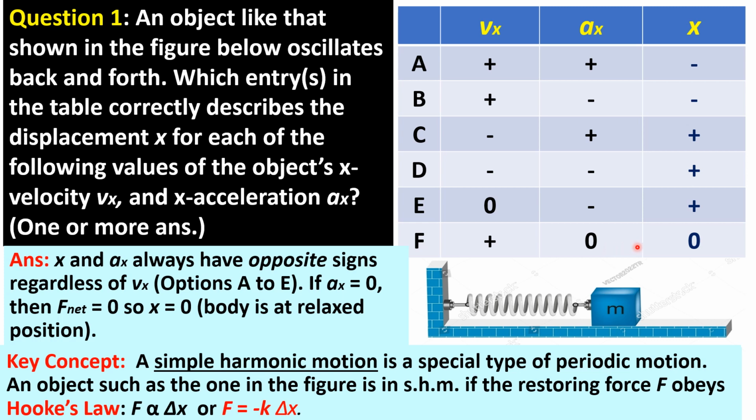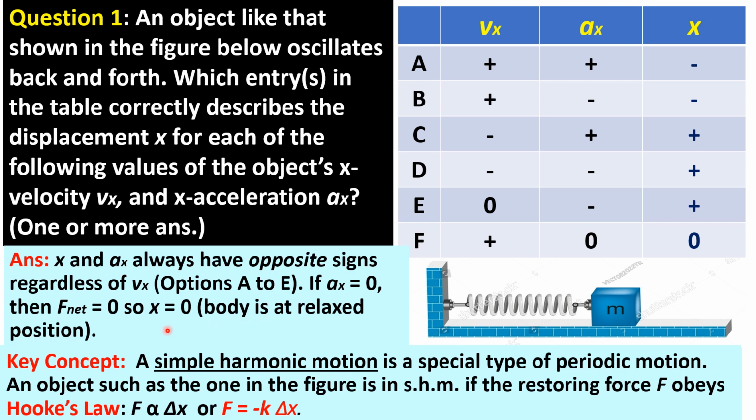So at that point where the velocity is constant, is the displacement equal to 0? The answer is yes. Because at x equals 0, we say that the body is located at its equilibrium position, also known as the relaxed position.